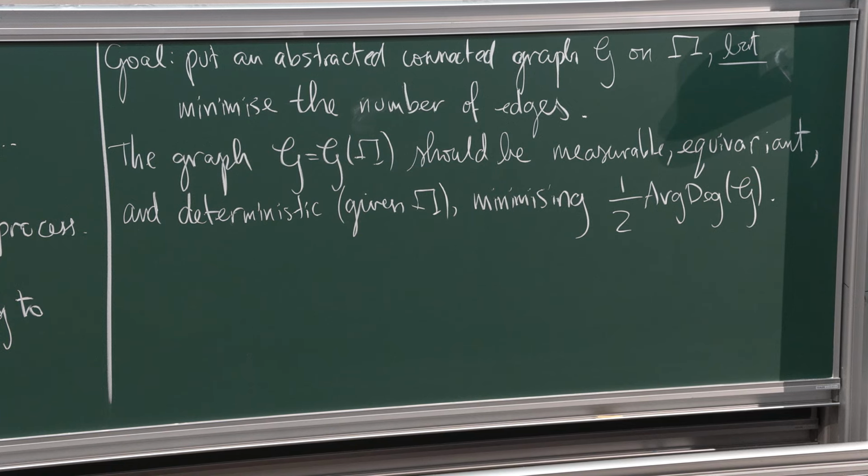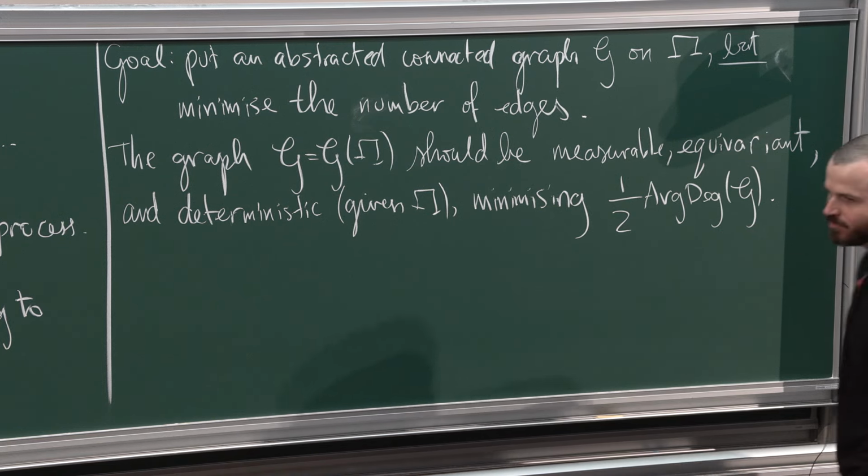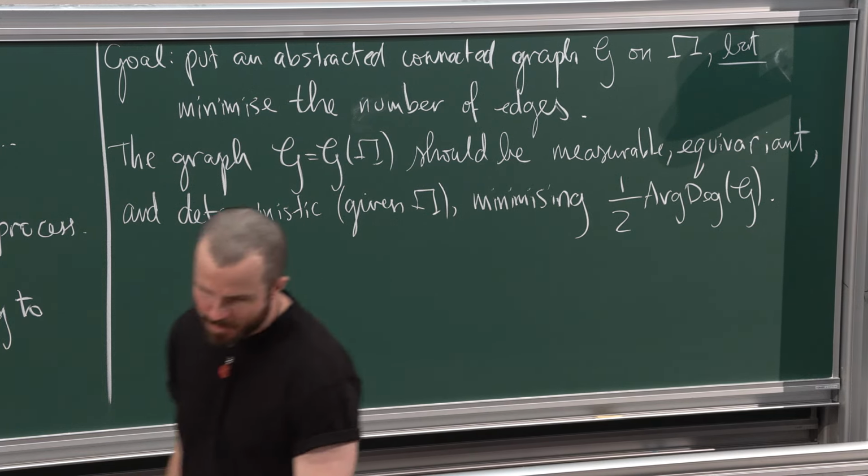And what kind of answer could we hope for? What kind of behavior will this 1/2 average degree exhibit?